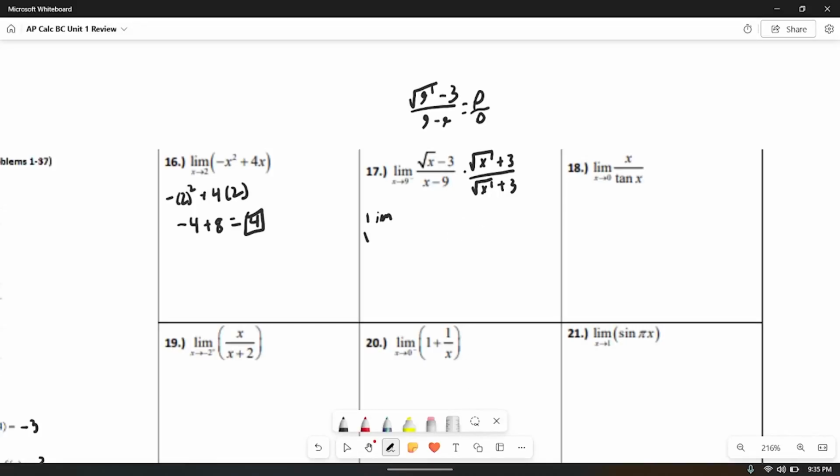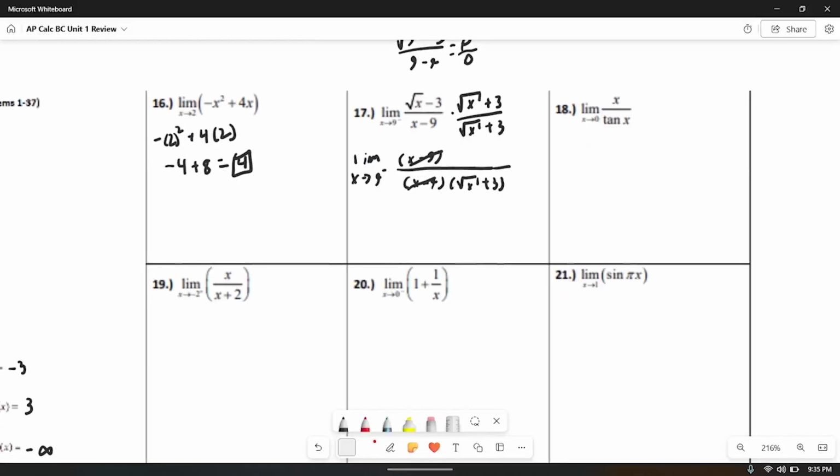So limit as x approaches 9 from the negative direction. And when we FOIL it out, we get x minus 9. On the bottom, I won't FOIL it out, so we just get x minus 9 times square root of x plus 3. And then the x minus 9's cancel out. So now we can just plug in our limit, so we get 1 over root 9 plus 3, which root 9 is just 3, so 3 plus 3 is 6, so we get 1/6 as our final answer to that one.